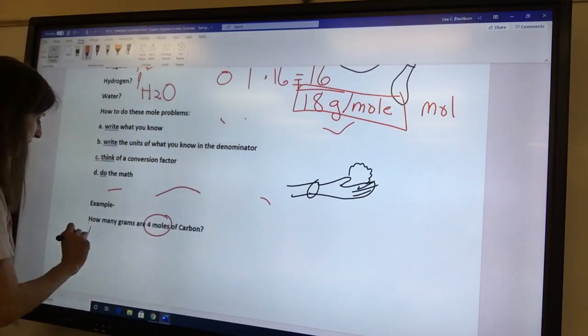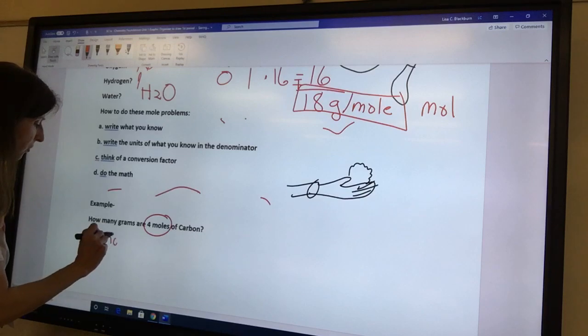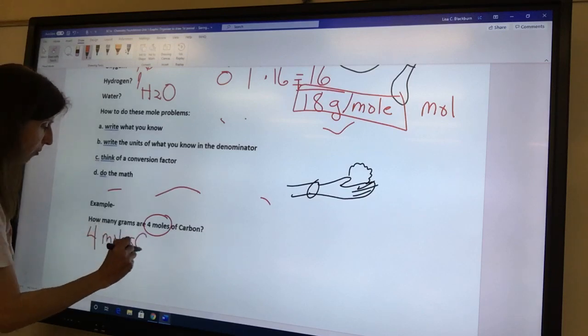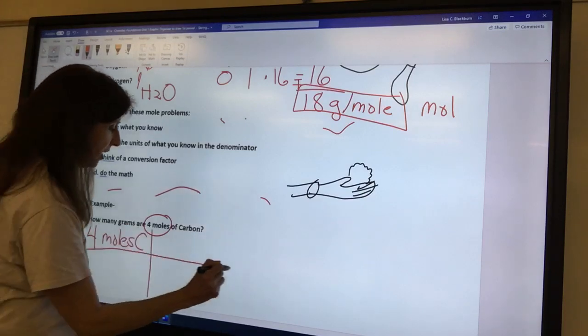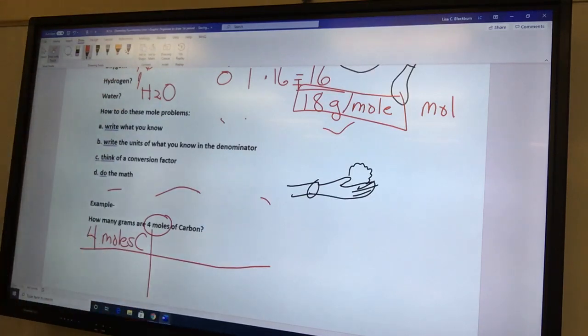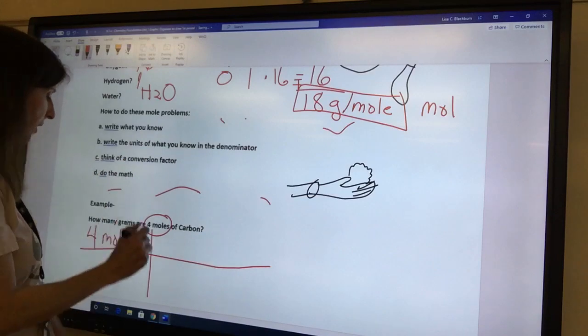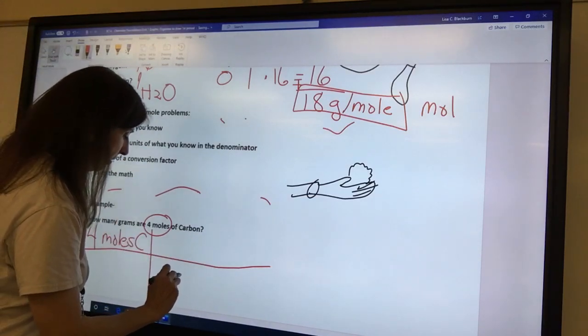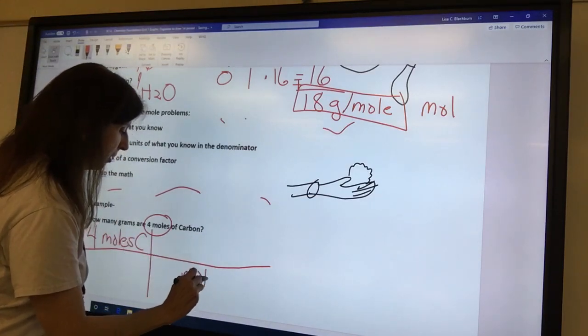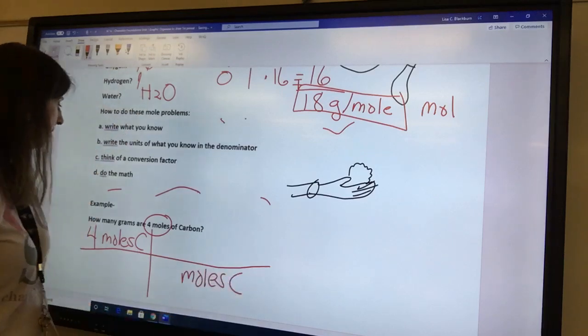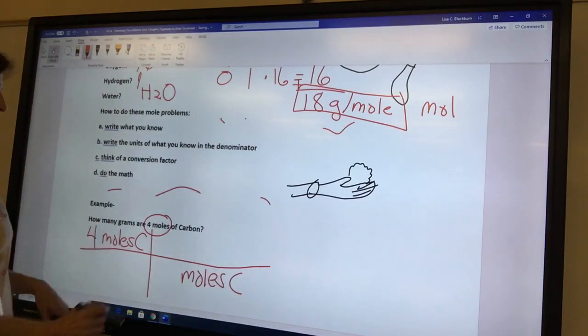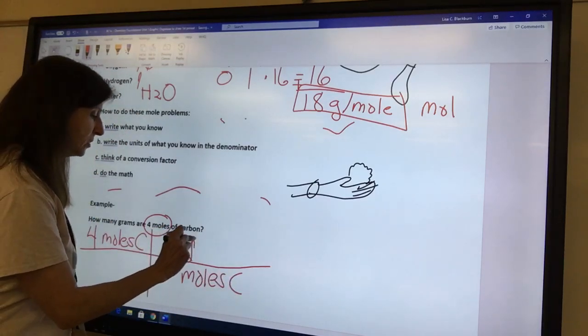And so we're gonna write 4 moles of carbon. We're gonna draw our railroad tracks. What goes in the denominator? Moles, right? Moles of carbon. And then we want to change it to grams of carbon.